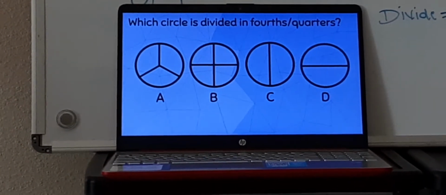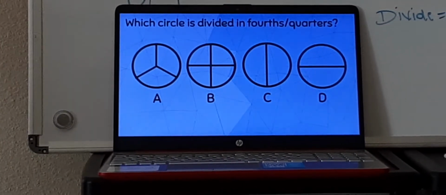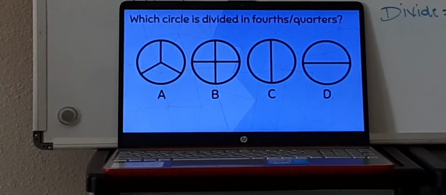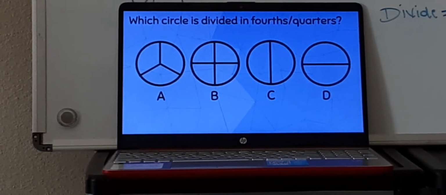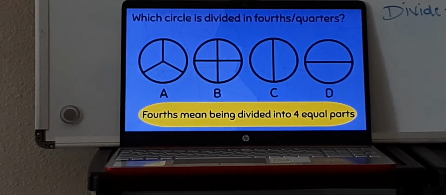Let's move on to these circles. This time, let's find the circle that's divided into fourths, which can also be called quarters. As long as it's divided into 4 equal parts, that's what we're looking for.